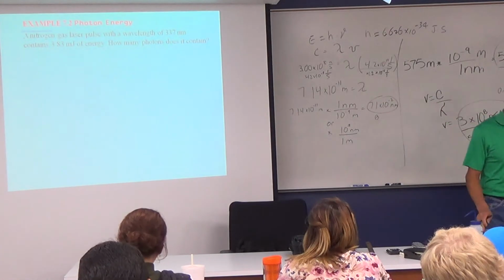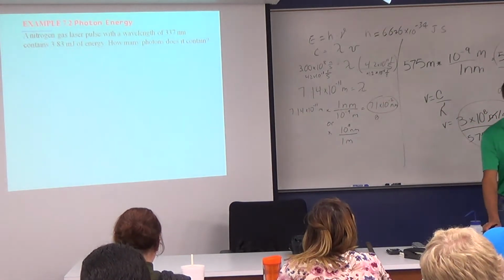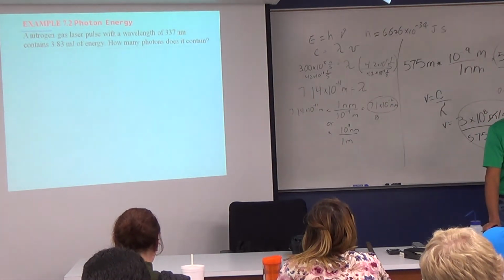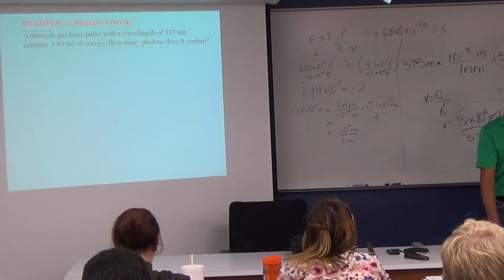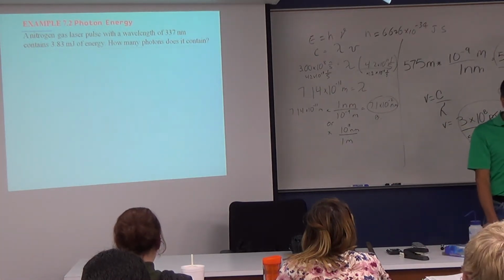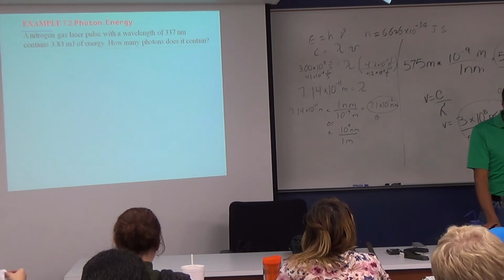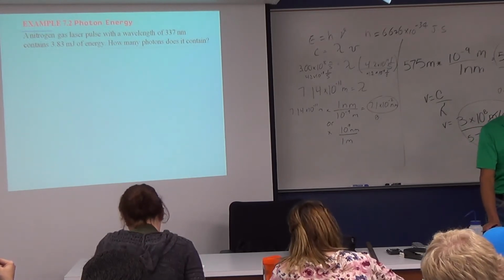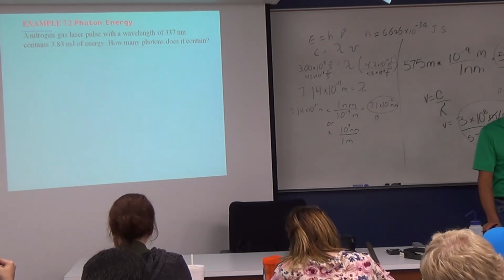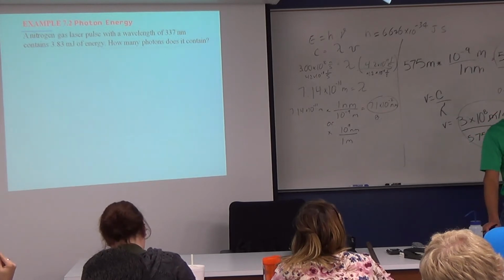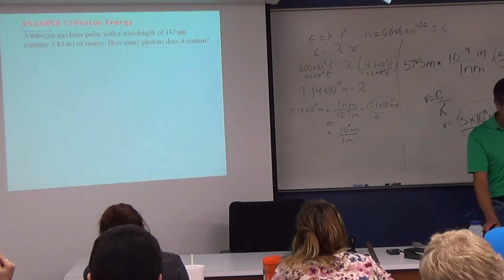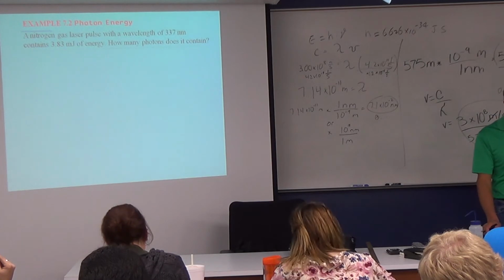So this is another example. In the last example, what we did was calculate the energy of 1 photon. 1 photon depends on the frequency and the wavelength of the light.